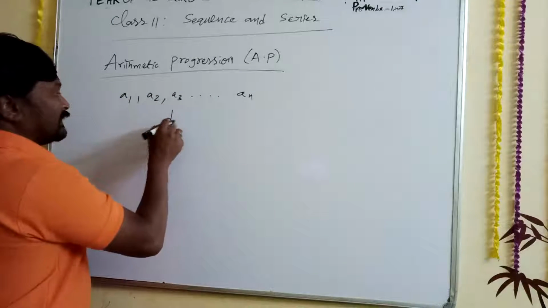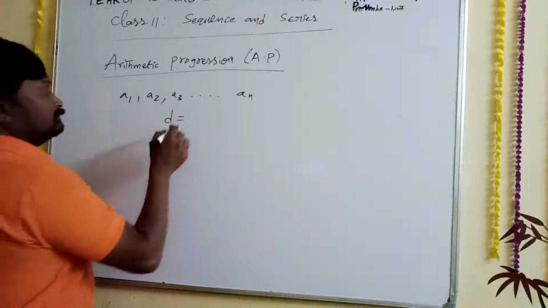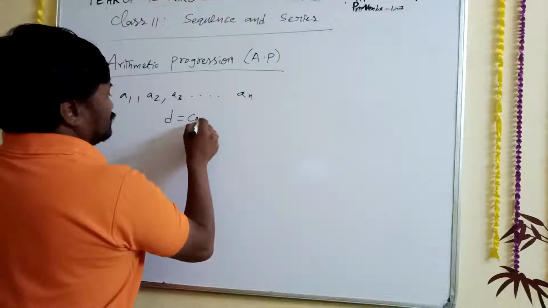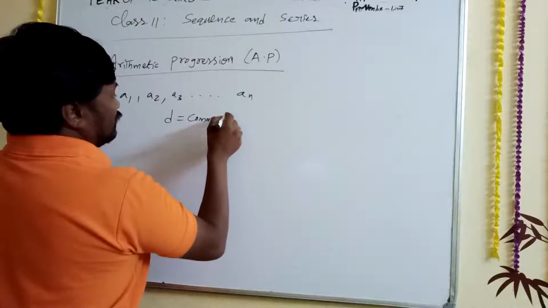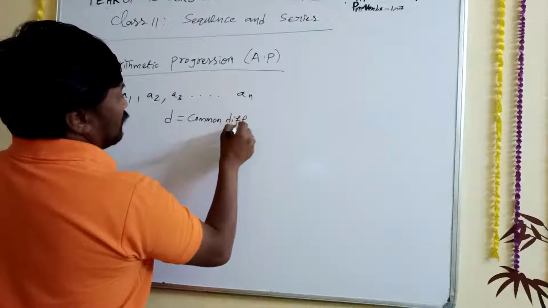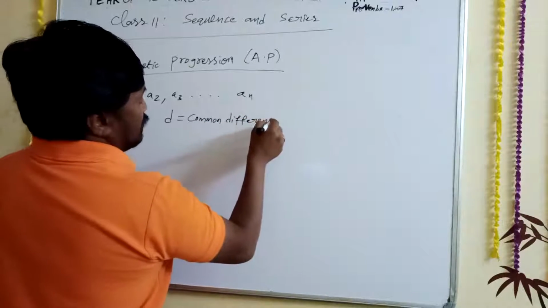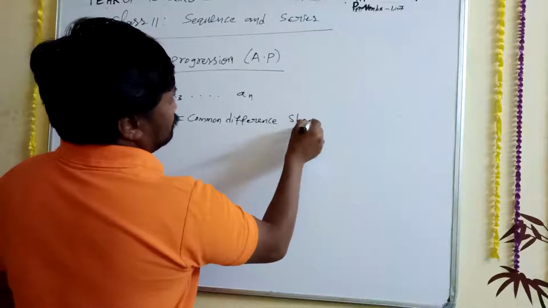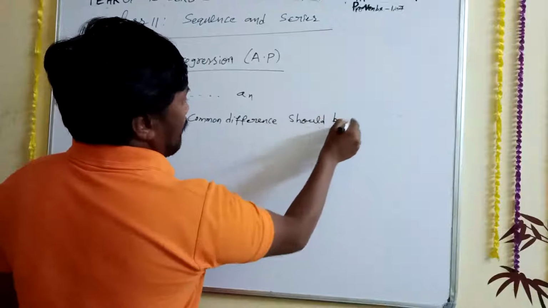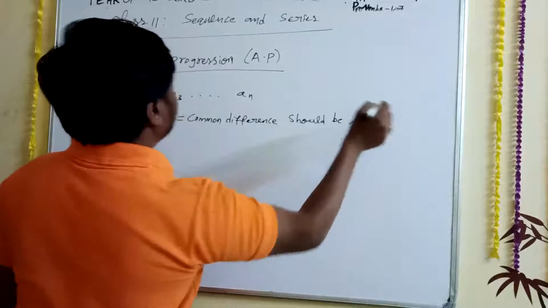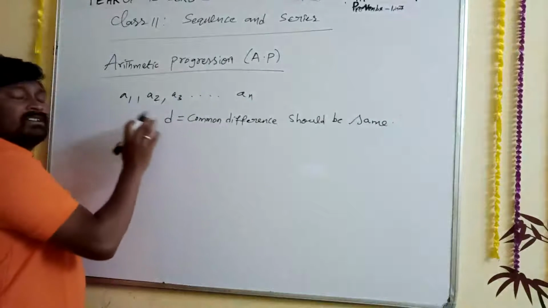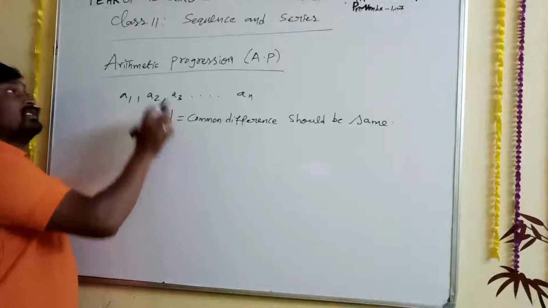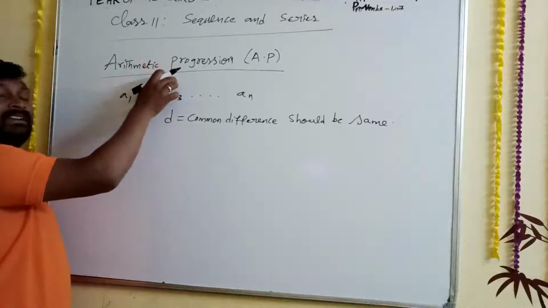Here the common difference D should be the same. Difference is nothing but common difference, and it should be the same, then only it is called an arithmetic progression.